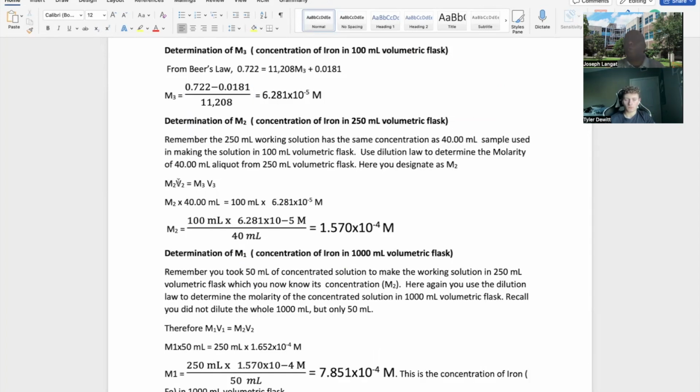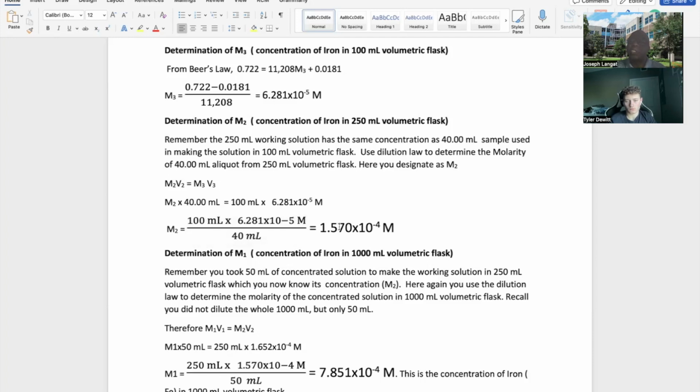V2 is the volume you used in your sample number 2 in the unknown. M3 is the molarity you will get here, and all solutions were diluted to 100 ml, so that is constant. But this value you see here, 40, will vary from sample to sample, because to get 5 samples you have to change it just around the midpoint. So maybe next time it will be 42, 41, just around there to get the 5 samples. So we have M2 here.